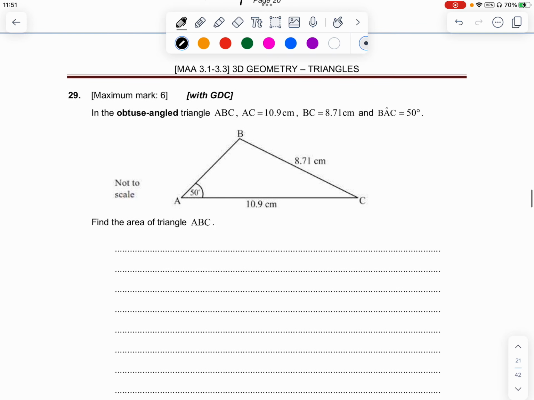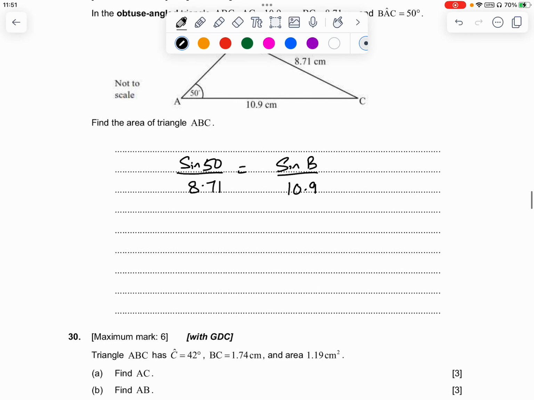Question number 29. Find the area of a triangle. So first of all, I'm going to use sine rule, which is sine 50 upon 8.71 equals sine B upon 10.9. From here, I'll be getting the value of angle B. So sine B equals 10.9 times sine 50 divided by 8.71.